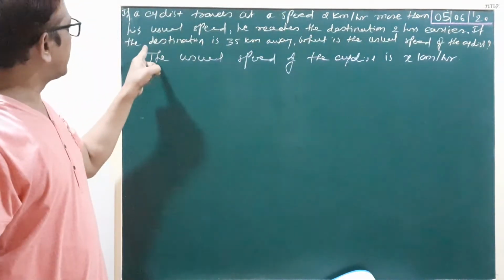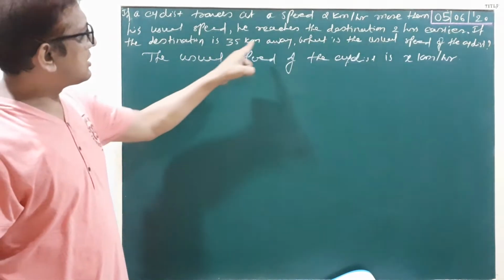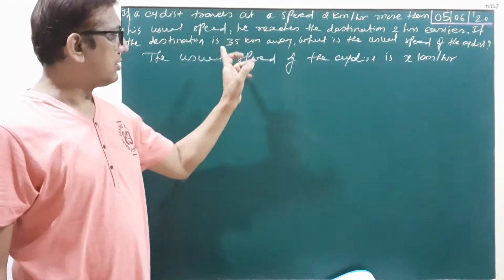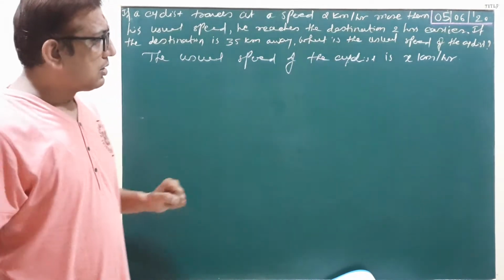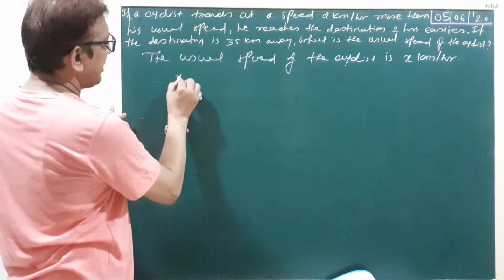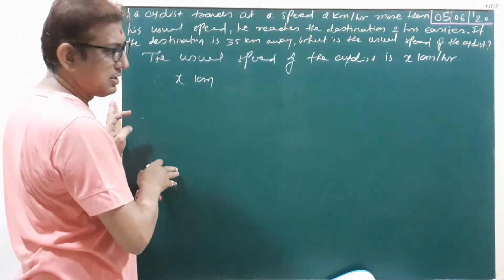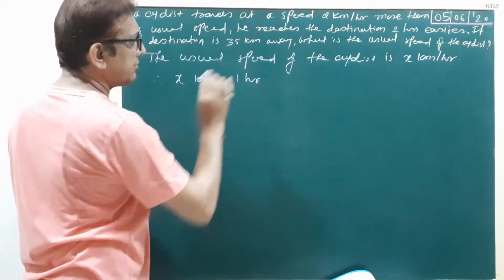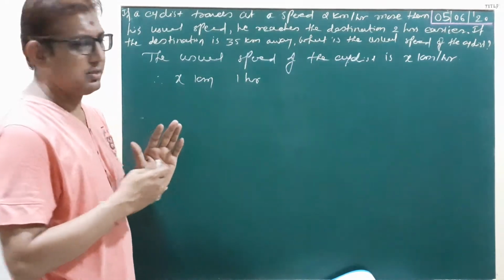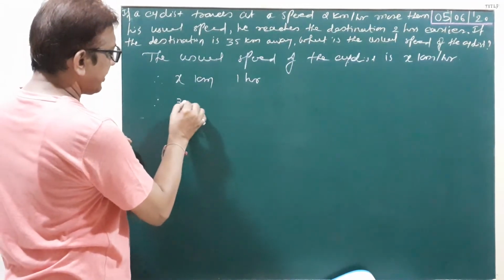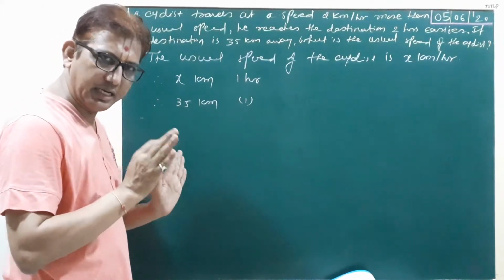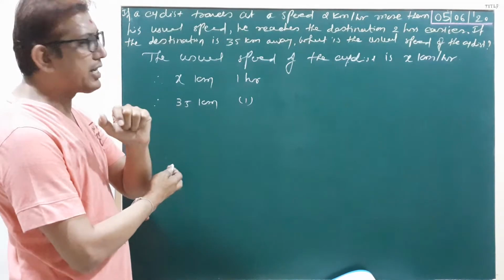Now, if the destination is 35 kilometer away, x kilometer equals 1 hour. Therefore, 35 kilometer equals question mark. Clear? Because our destination is 35 kilometer.